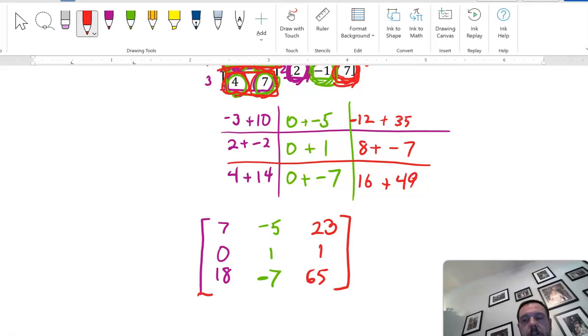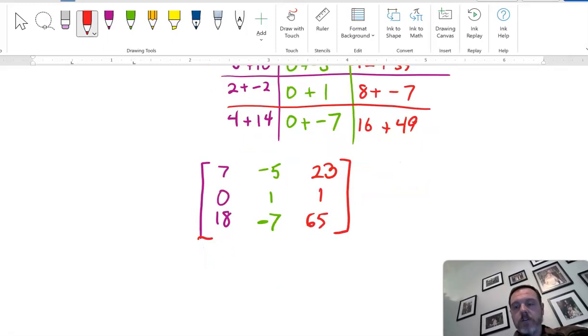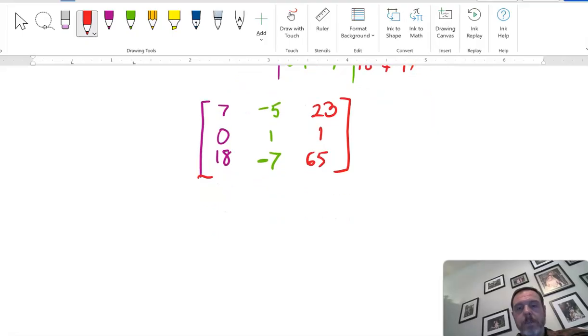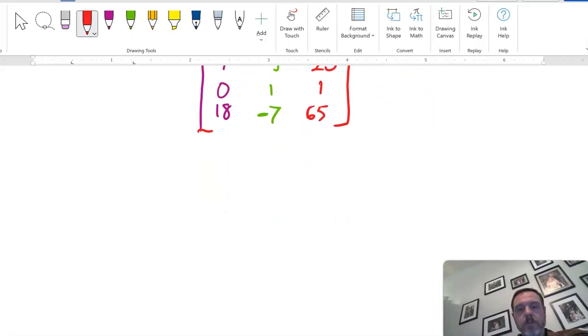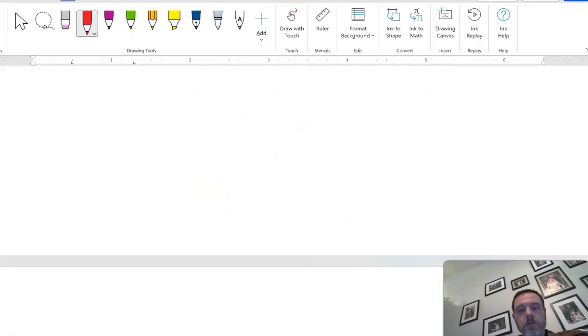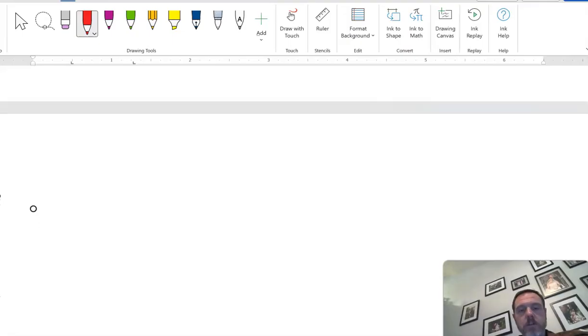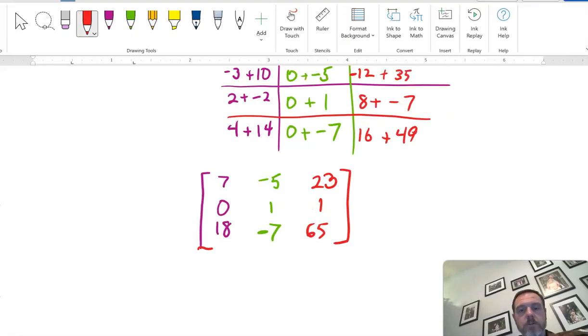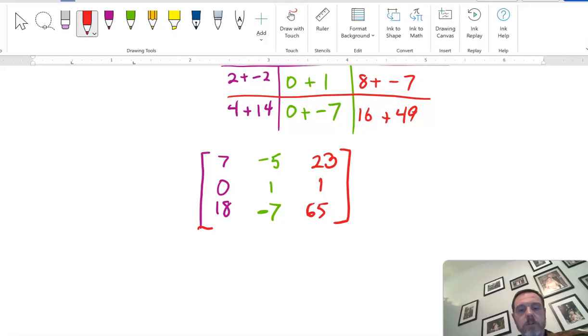Let's see how I did, because of course, your calculator can do this as well. Let's check our answers. I'm going to move to my calculator over here on my computer.